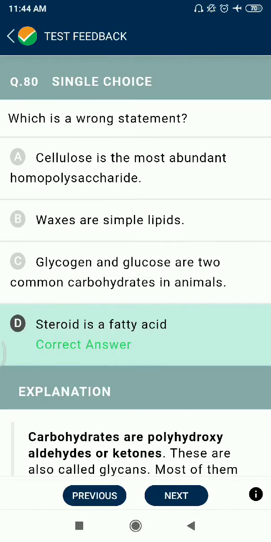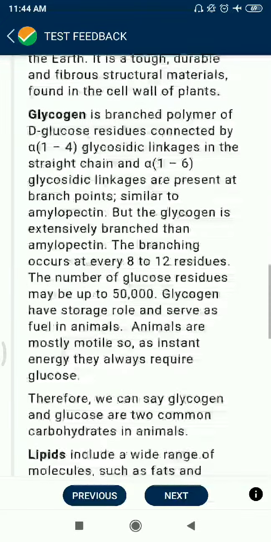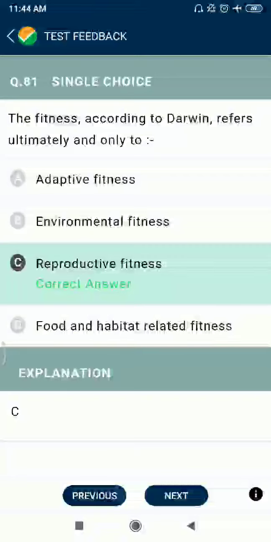Question number 80. Which is a wrong statement? Cellulose is the most abundant homopolysaccharide, and waxes are simple lipids. Glycogen and glucose are two common carbohydrates in animals, but option D is not correct because steroid is a fatty acid. No. Question number 81.